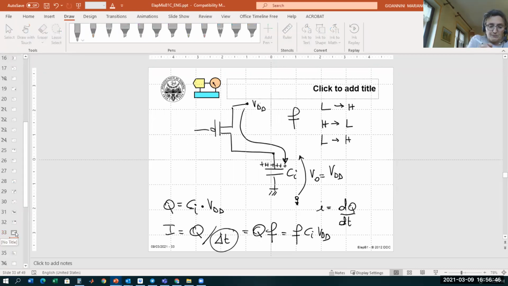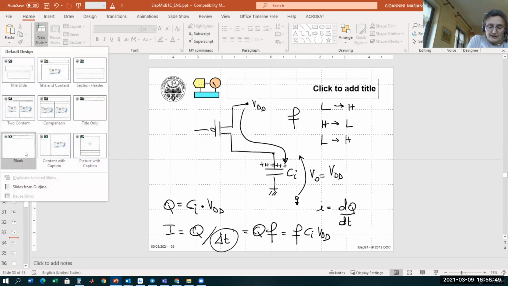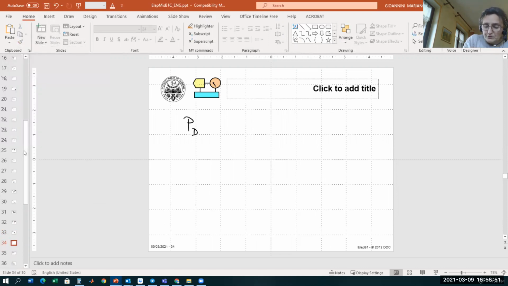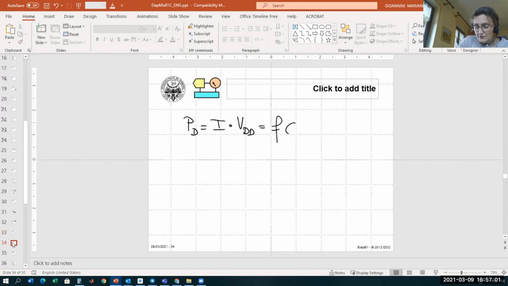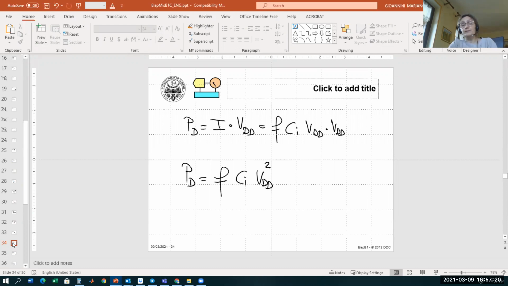Then how much is the dynamic power consumption? PD is equal to current times voltage VDD. This current is equal to F C input VDD, then I have to multiply by VDD. We see that the dynamic power consumption for this transition is equal to F C input times VDD square, right?